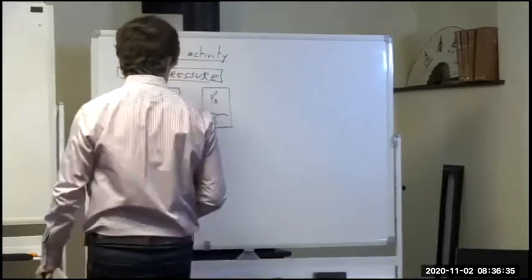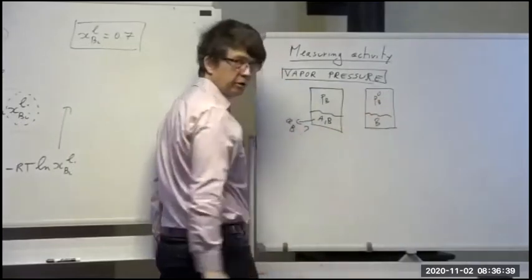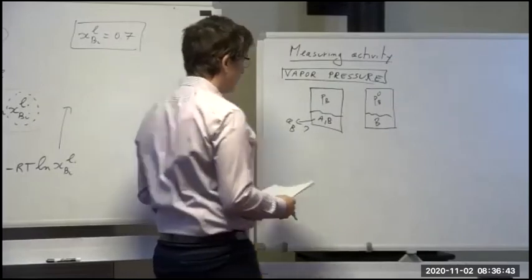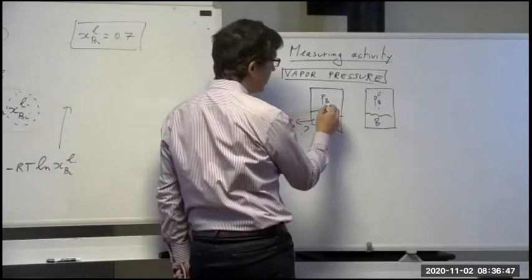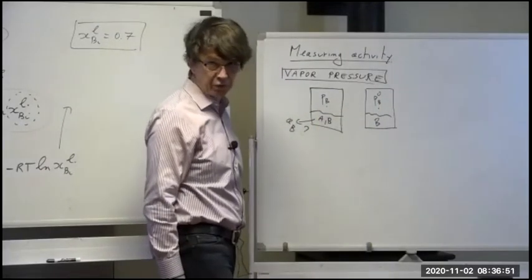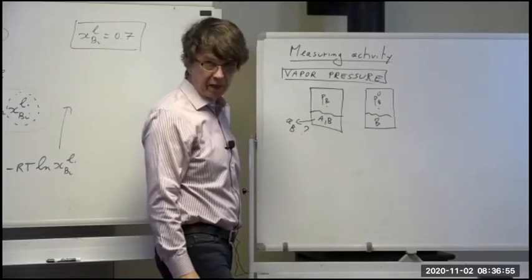And the way to do it is to think about how you go from the pure state to the state where you actually want the activity. So if I have PB0 here and PB here, I can calculate the chemical potential difference in the gas phase between these two states, because I can assume they behave like an ideal gas.